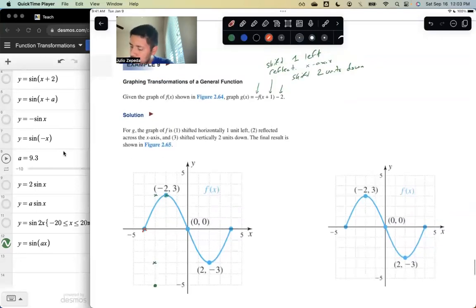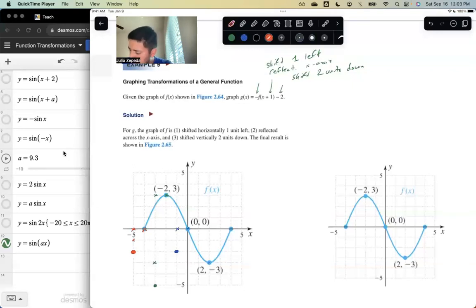Okay, next point, I'll do a different color. Shift 1 unit left. Reflect about the x-axis. If it's on the x-axis, it just stays there when you reflect. And then shift 2 units down. Let's put that there. Okay, next, we'll do one in blue. The one at the origin, shift 1 unit to the left. Reflect about the x-axis, it just stays there. And then shift 2 units down. That's what we get.